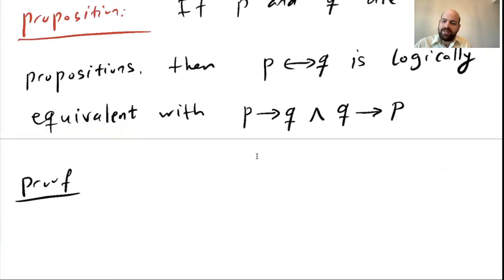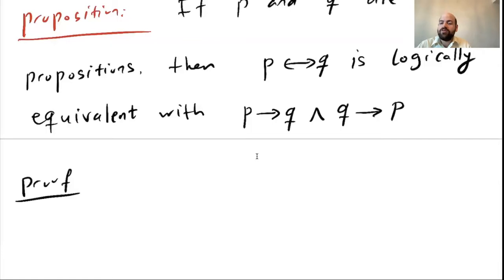Well, in order to make a decision about the method of proof, you have to always look at the definitions. Here I have a definition for logically equivalent. For the definition, I provided two versions, but the easier version was using a truth table.